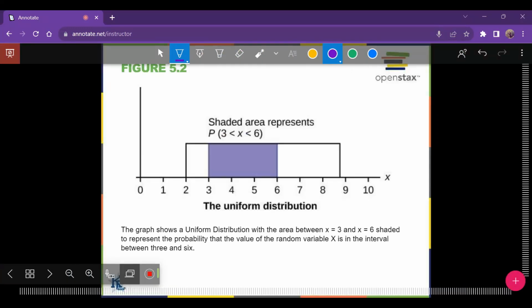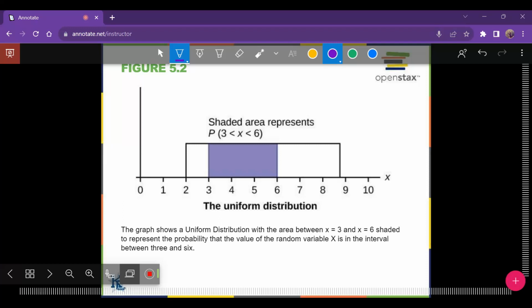So this is a continuous distribution here. It is called the uniform distribution because you can see if this was a histogram we were looking at, each bar, if you were considering from 2 to 3, 3 to 4, 4 to 5, those being bars, each bar would be about the same. So it'd be a uniform distribution.